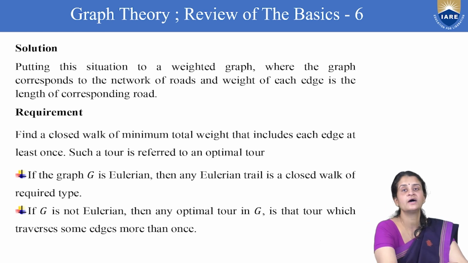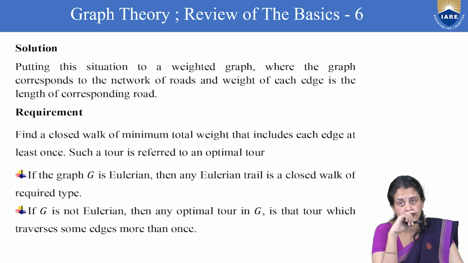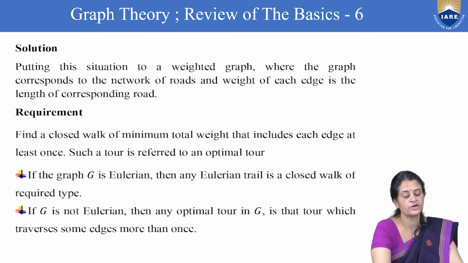So we have to find a weighted graph where the graph corresponds to a network of roads, and the weight of each edge corresponds to the distance between the points. The requirement: find a closed walk with minimum total weight that includes each edge, and such a tour is referred to as an optimal tour.